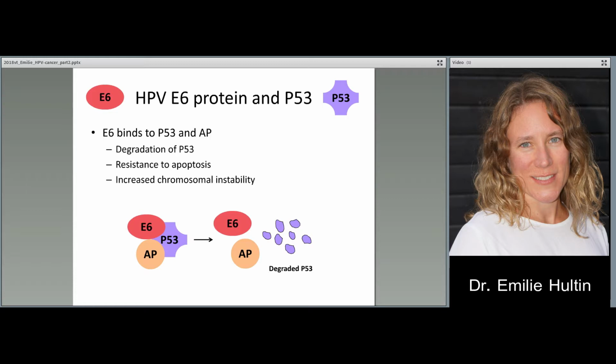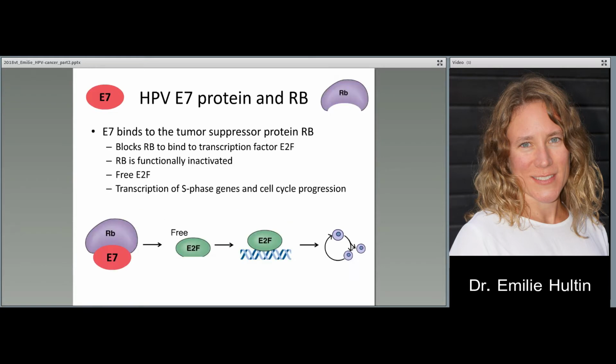This leads to the cells becoming resistant to apoptosis, as P53 can cause apoptosis. Cells that express a lot of E6 will become resistant to apoptosis, and this also leads to an increased chromosomal instability within those cells.